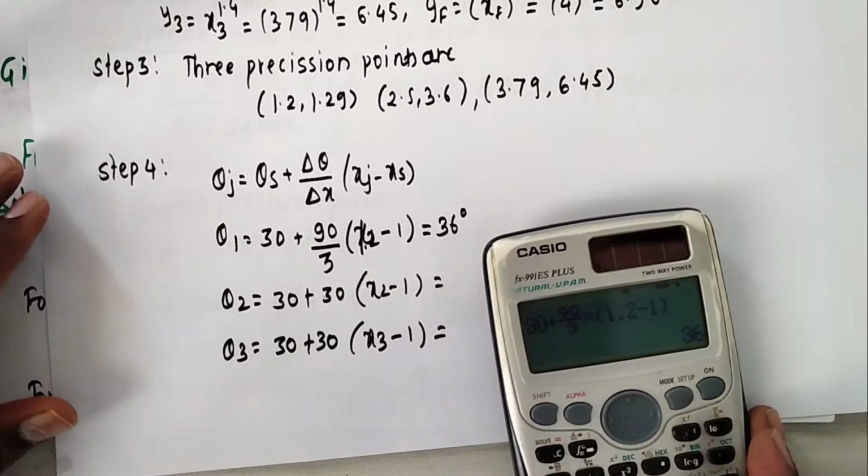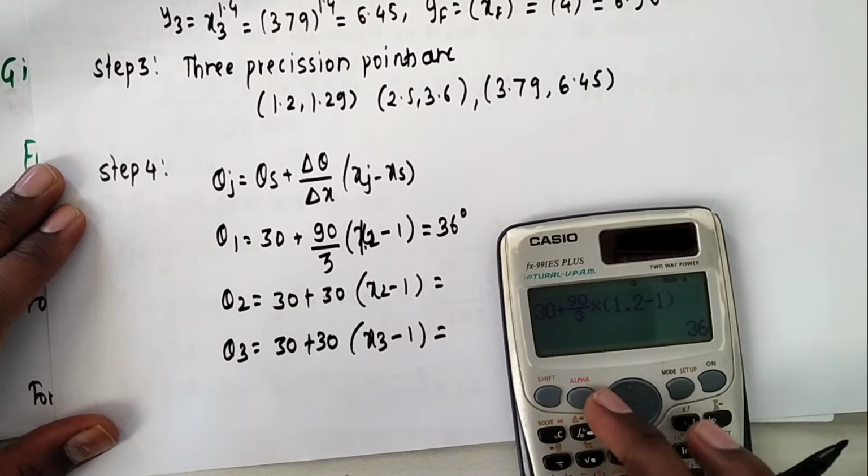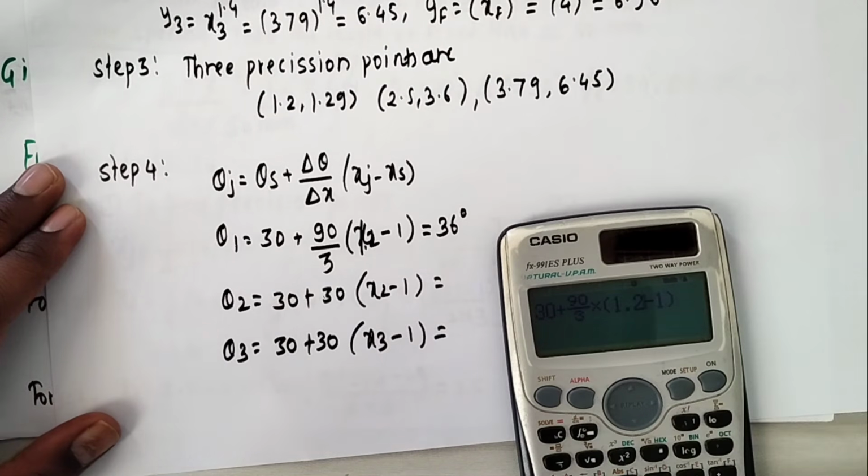Let's put x2 and x3. x2 is 3.6, so I am changing that. x2 is 2.5.